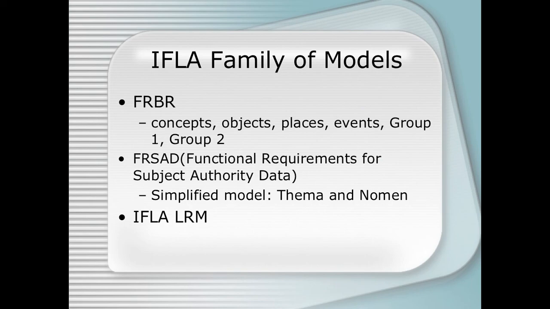Now, of course, as we have mentioned a couple of times, both Ferber and FRSAD are now being replaced by the unified IFLA LRM, the Library Reference Model. And you can see in particular, I think, in the case of treatment of subject access, why this is one of the reasons that a unified model was needed, because there really are some differences between Ferber and the much later FRSAD in the way that they treated subjects.